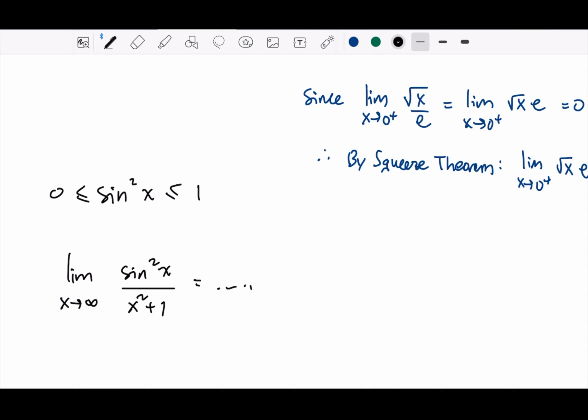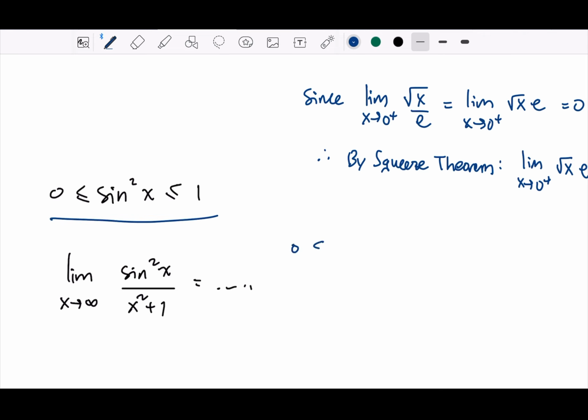So we could use this 0 as our equations too. Okay, because we are sure that this sine squared will be in between those two. Okay, so we can use this inequality.